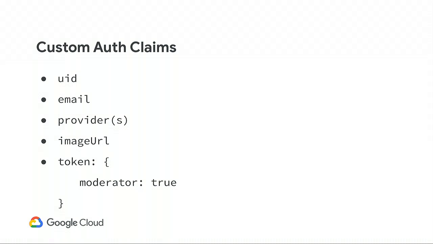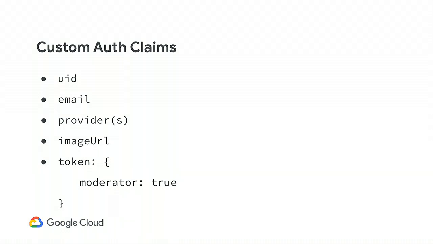In Firebase Auth, when you sign in, a user gives you a whole lot of different information, including the user ID, their email, what providers they've signed in with, maybe an image URL, which could have come from their provider or could be provided by them, since they can upload one and then you can update the user. There's all sorts of information in there.